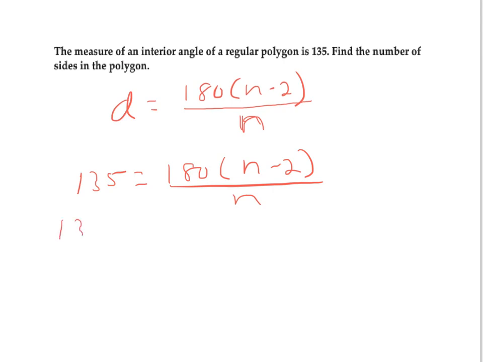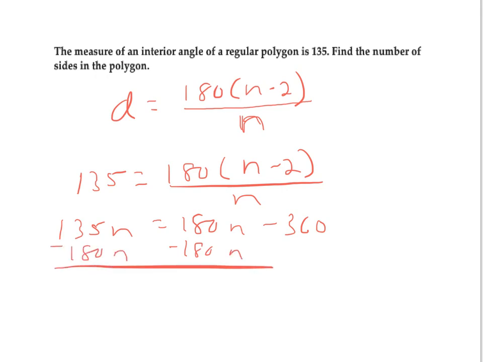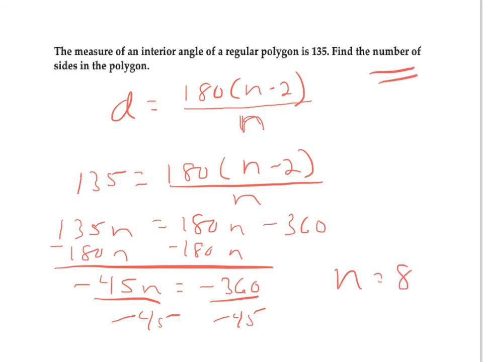So I have 135n is equal to 180n minus 360. I'm going to subtract 180n from both sides. So I get negative 45n is equal to negative 360. Divide both sides by negative 45. And n is equal to 8. So the name of this figure is an octagon.